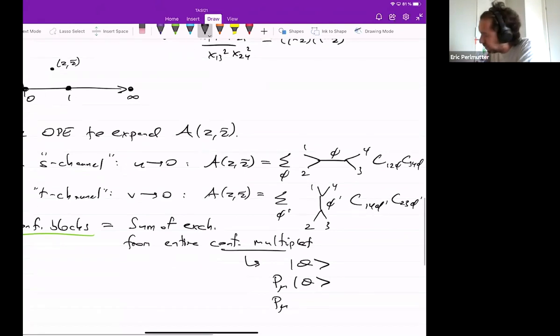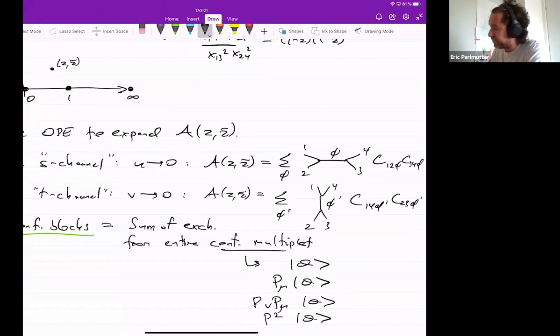So these are all different descendants of the original primary O. And so this whole multiplet gets exchanged, and conformal symmetry actually relates the OPE coefficients of all these descendants to that of the primary. And as a result, you can once and for all determine the structure of these conformal blocks using conformal symmetry, and then restrict your sum in this decomposition to sums over primaries only, where the kinematic thing that is represented by these stick figures is the conformal block.